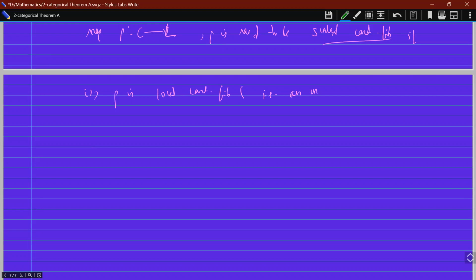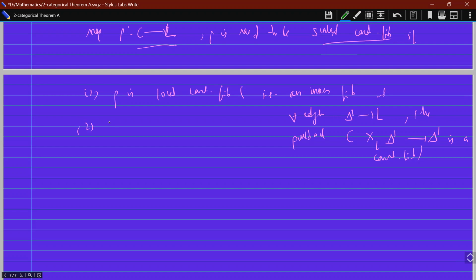That is, an inner fibration, just to remind you, such that for all edges of L, the pullback of C to the edge is a Cartesian fibration.